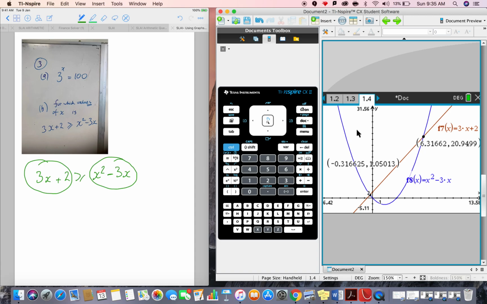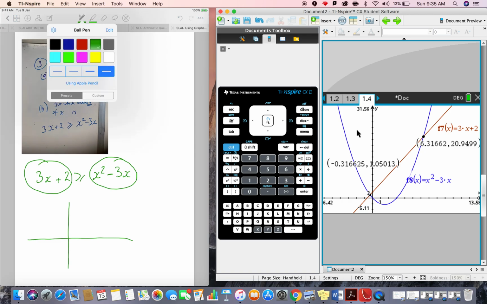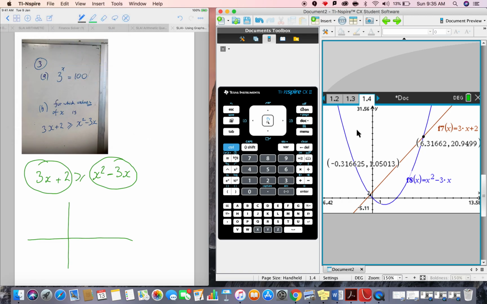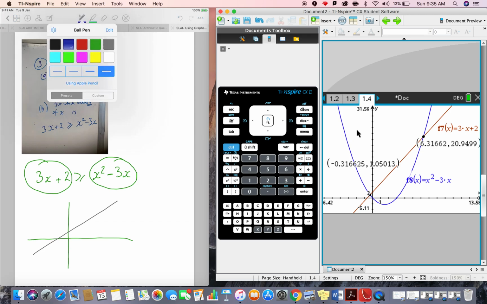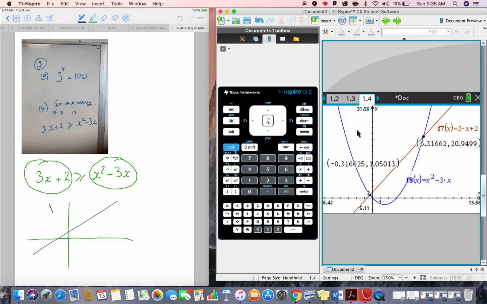Okay, so now let's just think about this. I'm going to go back to my page here and try to draw that a little bit. I've got a brown graph which does this, and a blue graph which does this.